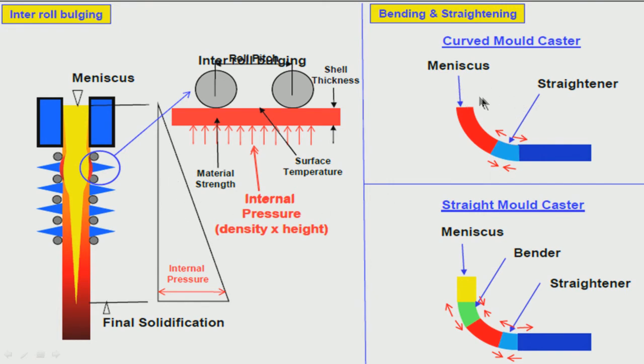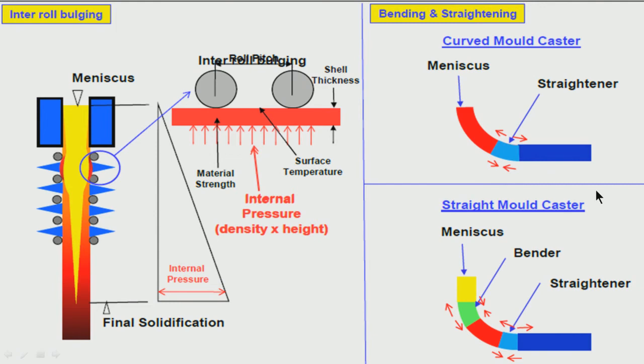Then at the bender, we have internal stress at the surface area of the shell. It is maximum at the surface, inner and outer, and as you go inside, it is slightly going down. So at the straightener also, there is again a mechanical strain. Here also mechanical. So here the directions indicate whether it is compressive or tensile.